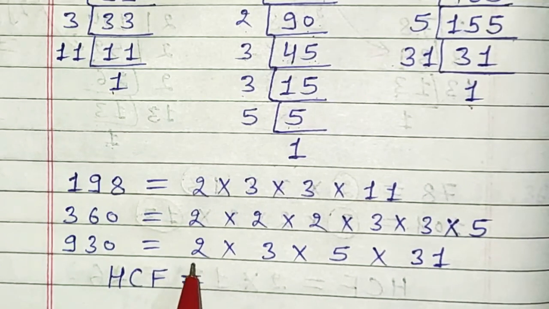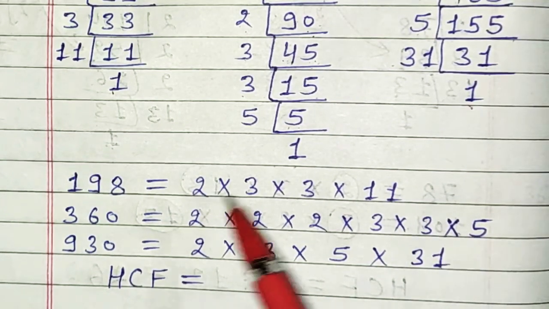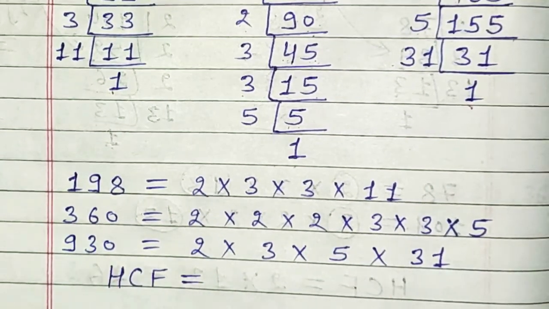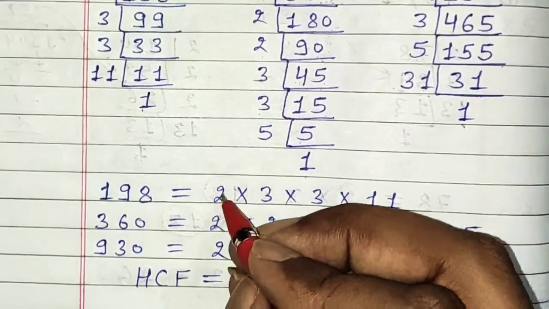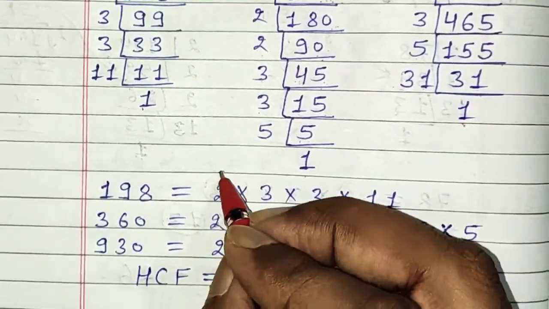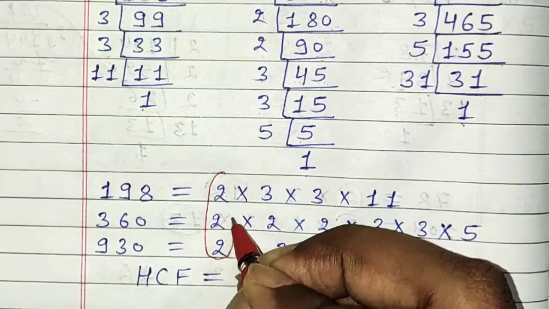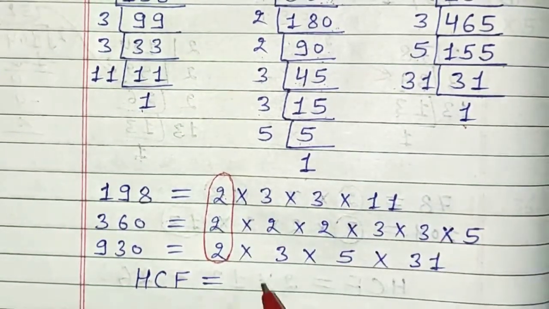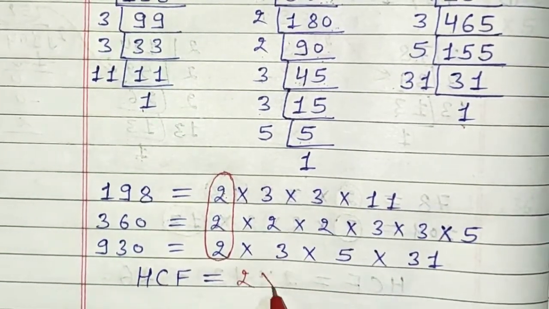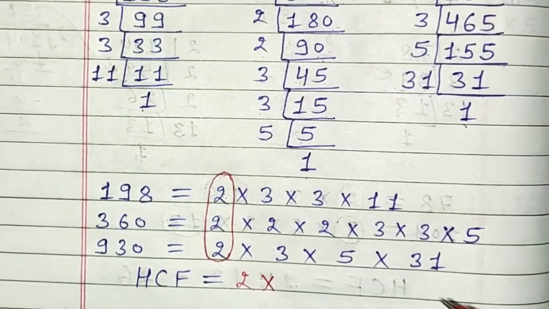Now we will have to choose the common factors out of these three numbers. Like 2 is here, 2 is here, and 2 is here, so we can make a circle here. Okay, so we will write 2 here.